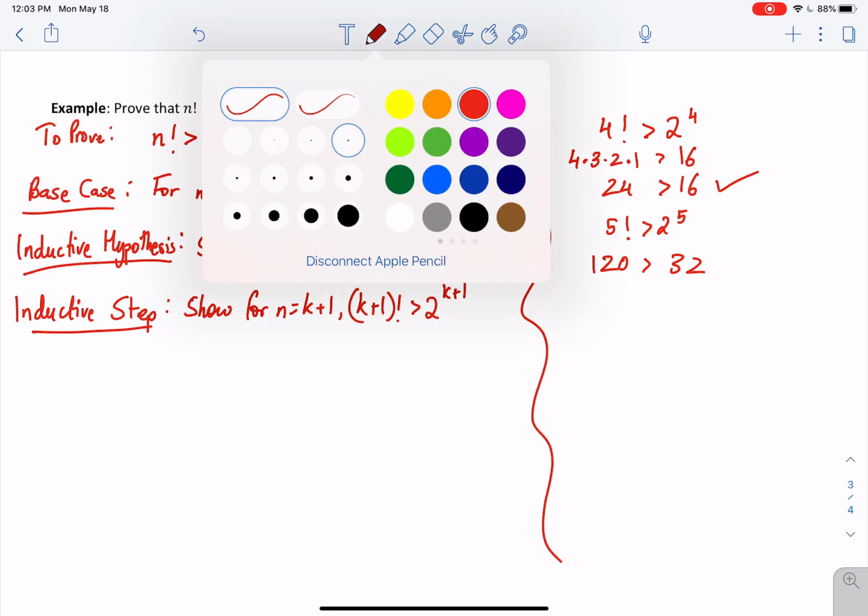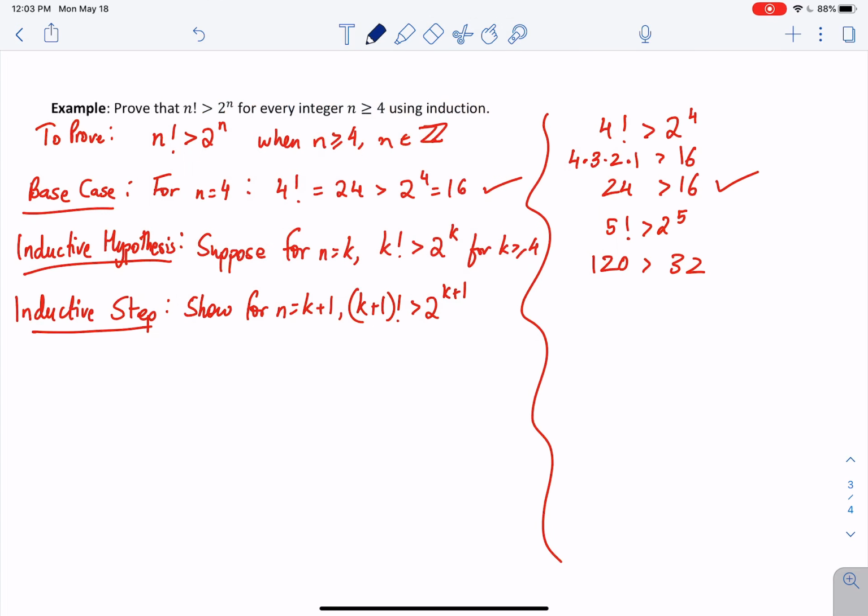So now how do we show this? We're going to start off with the inequality we already have, k factorial bigger than 2 to the k. Just like we did last time, we start with the supposition inequality. And now we need to make it look like the thing in the inductive step.